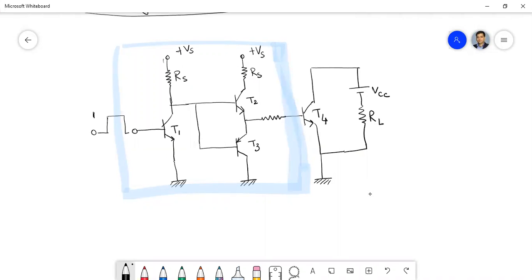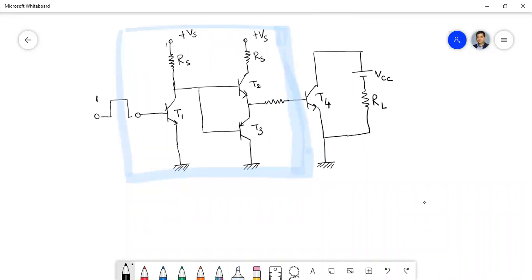So how will it be on? Now the logic 1 or logic high, when this is logic high, then what are the states of the transistors? Let us see.